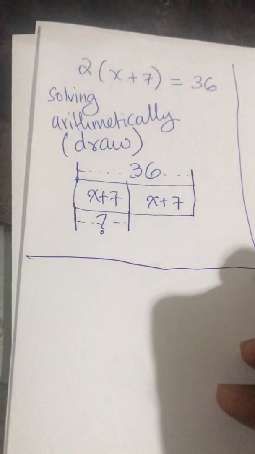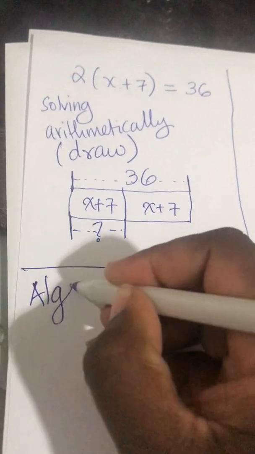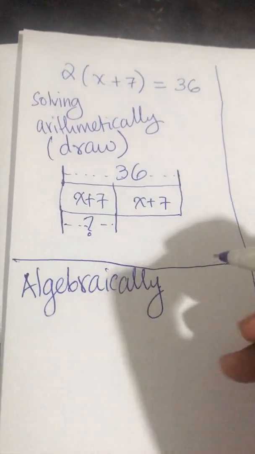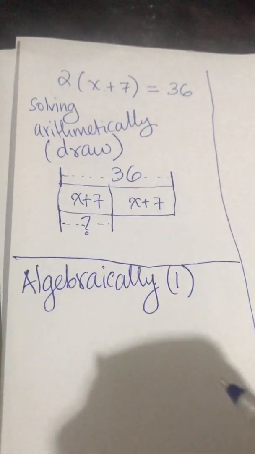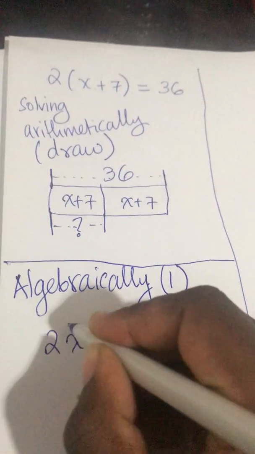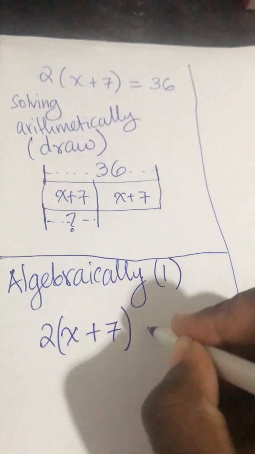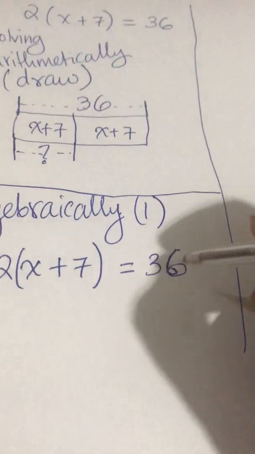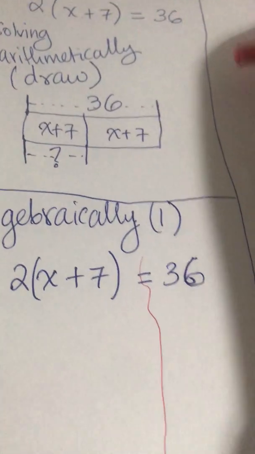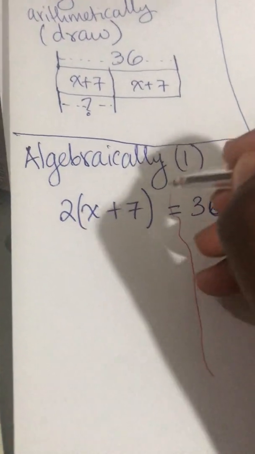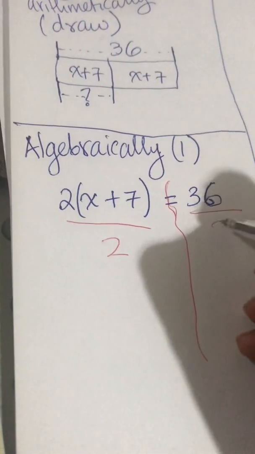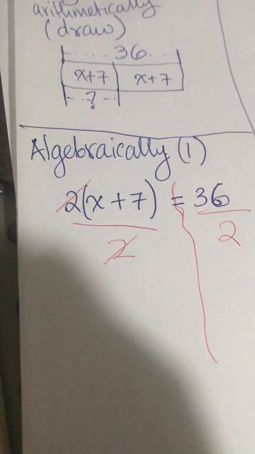We're going to solve it algebraically 2 different ways. Algebraically 1. So you have 2x plus 7 equals 36. Then you draw your bridge. When you draw your bridge, you can divide by 2 and divide by 2, because here you're multiplying by 2. This 2 and this 2 go away.